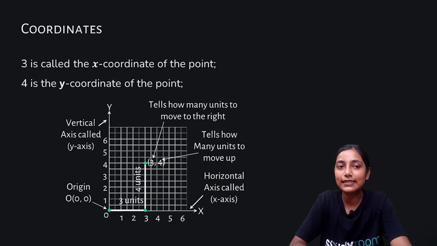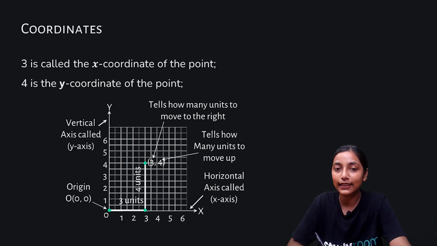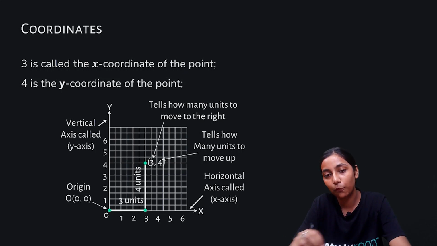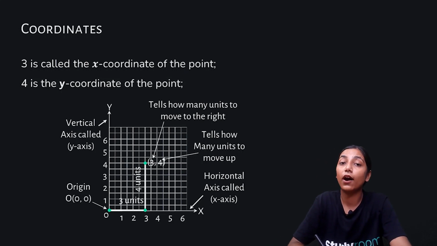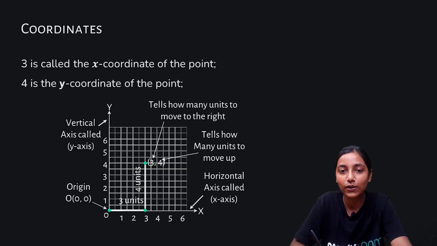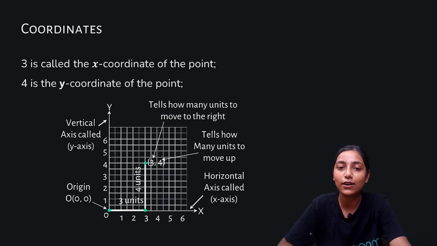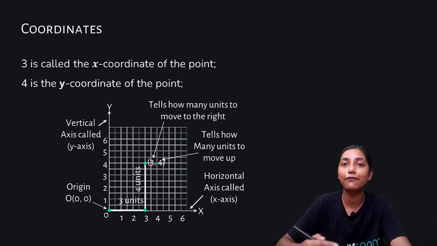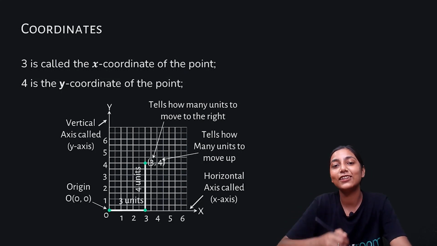So you can say that this 3, written before the comma, is called the x coordinate of the point, because it tells me the position of the point on the x-axis. While this 4 is the y coordinate of the point, because it tells me how many units I have to move on the y-axis.